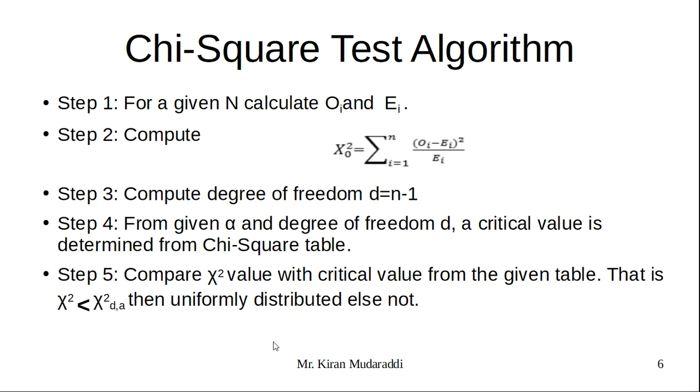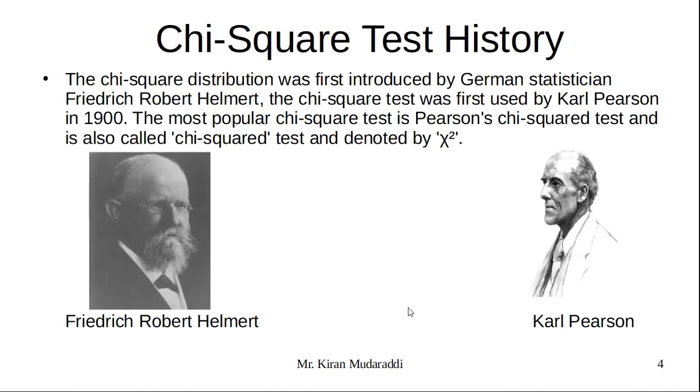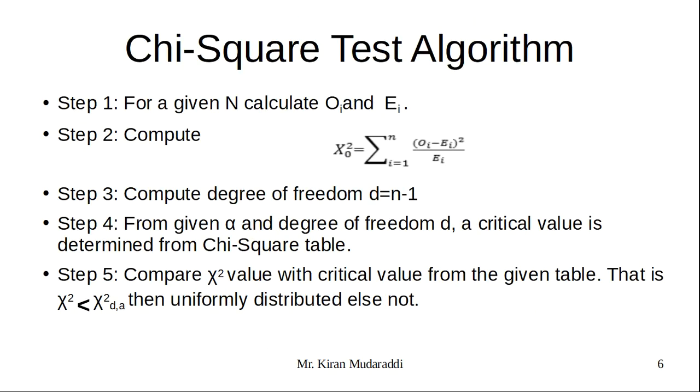If this condition is true, then uniformly distributed, else not. This algorithm is given by two German statisticians, Friedrich Robert Helmholtz and Karl Pearson, and the same algorithm is applied to test for uniformity of random numbers.